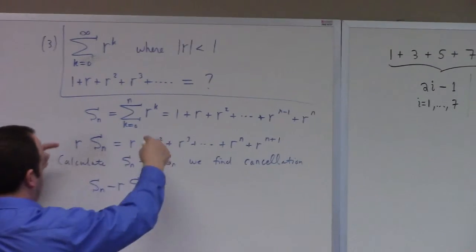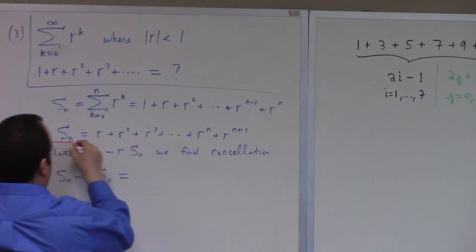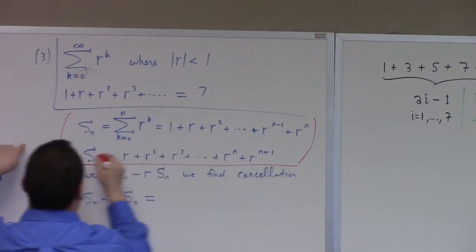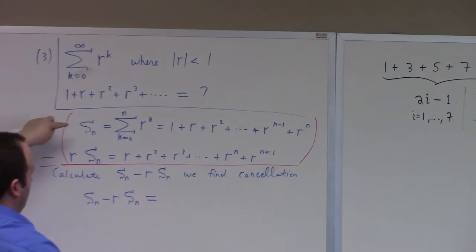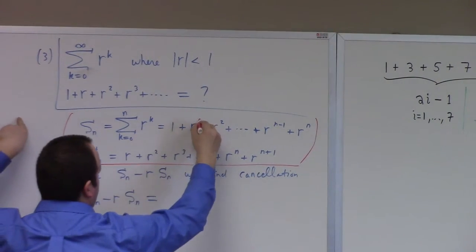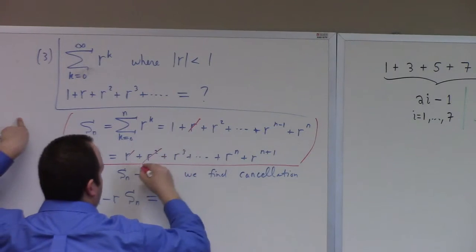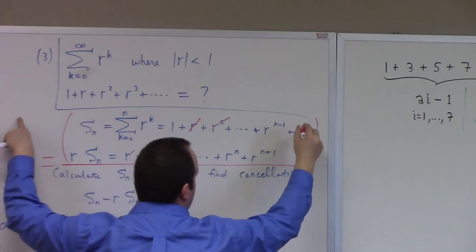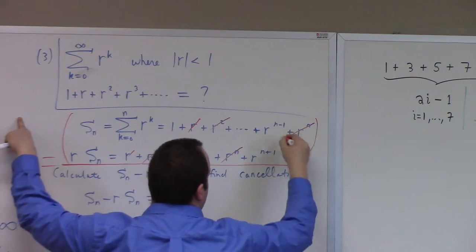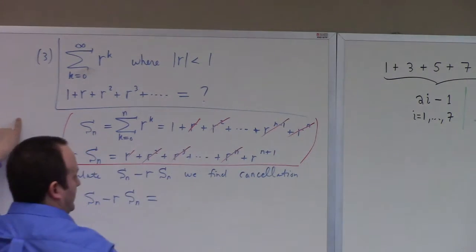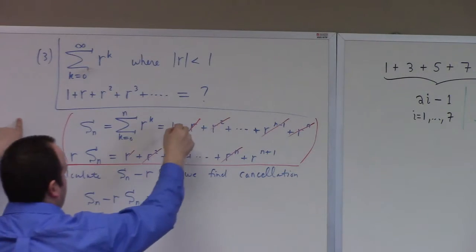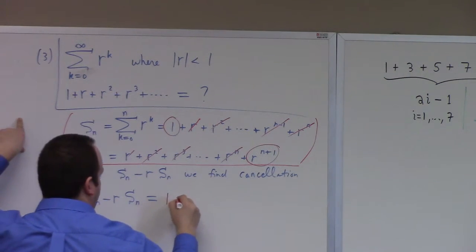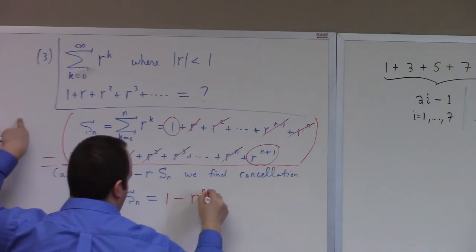As I subtract this, basically I'm doing this right now, so to speak. So these r's cancel, right? These guys cancel, all the way on out until we get to this one cancels, this one cancels one I haven't written, that one cancels one I haven't written. All you're left with is this one and that one, right? So we get 1 minus r to the n plus 1.